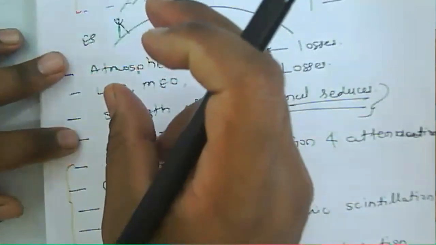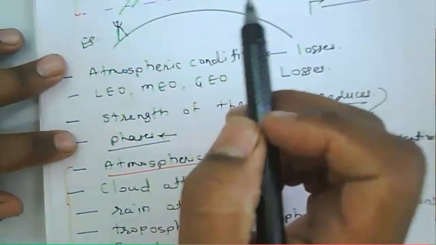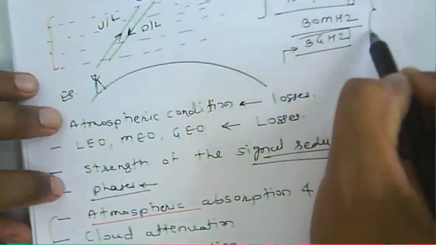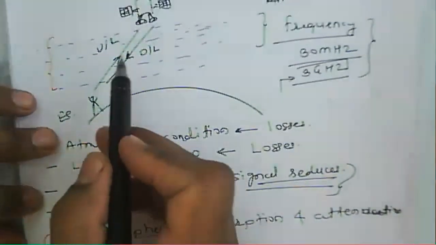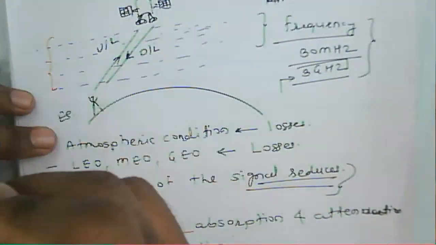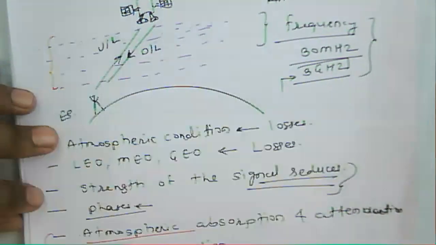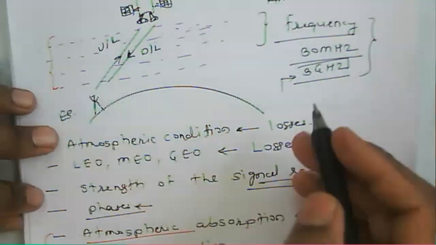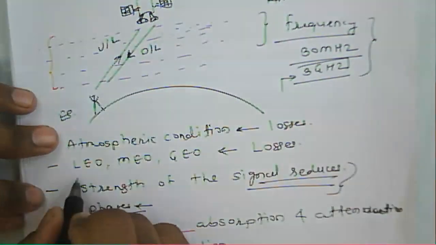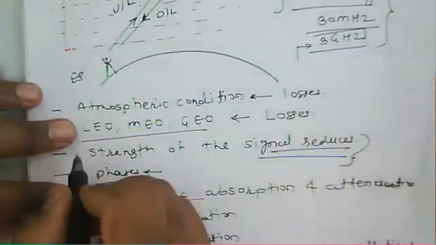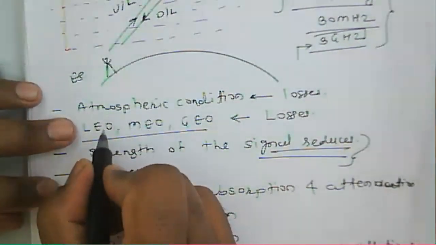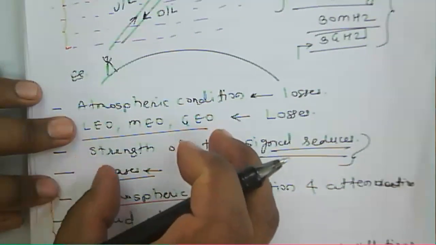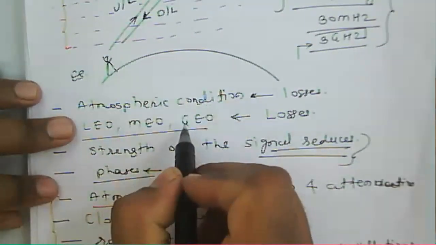So whatever signal frequency we are using, the attenuation depends upon that operating frequency. That's why we should know at what particular operating frequency your satellite will work, whether low Earth orbit, medium Earth orbit, or a GEO satellite.